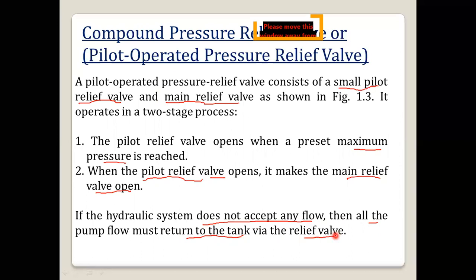This may happen in certain cases when the pump is continuously supplying pressurized fluid, and that pressurized fluid is not able to reach the actuator. At that time the oil has to be returned to the tank, and that oil can return to the tank by using this pressure relief valve.